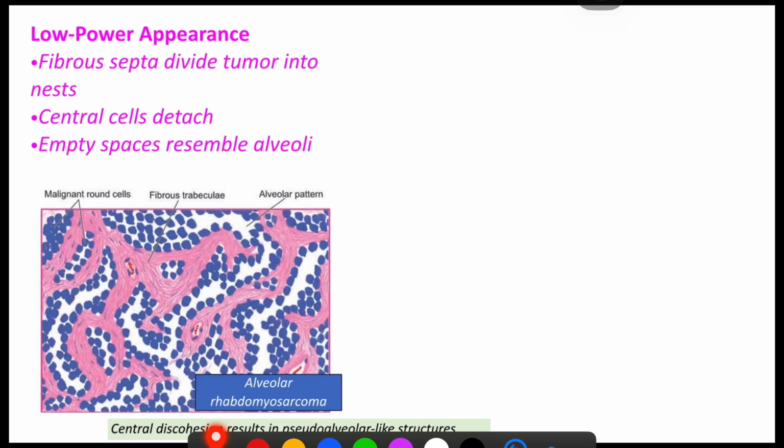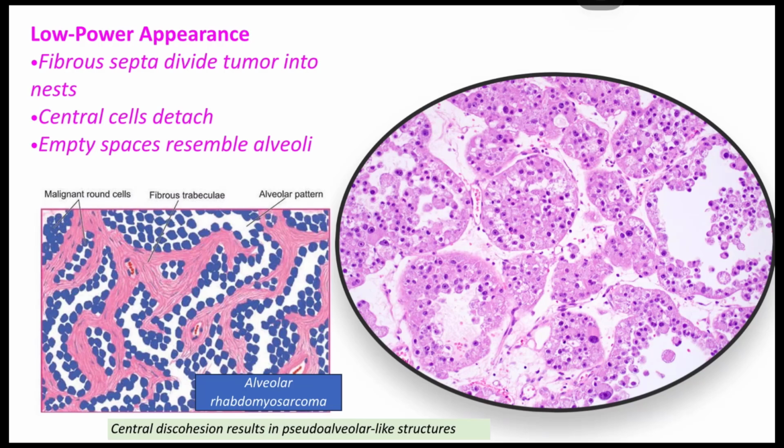This is an example of alveolar rhabdomyosarcoma, and the central discohesion results in a pseudo-alveolar like structure. So here you can identify space in the nest, and these are the tumor cells with pleomorphism.